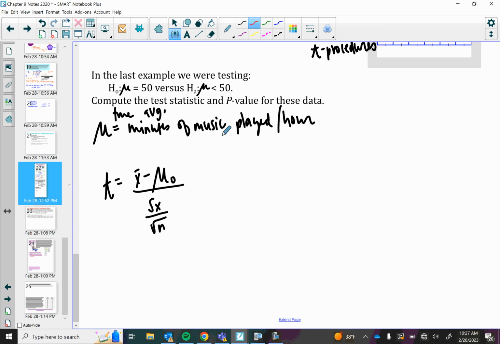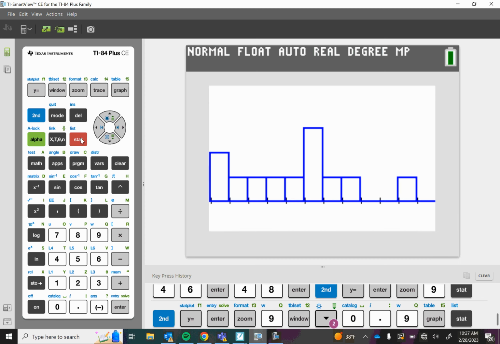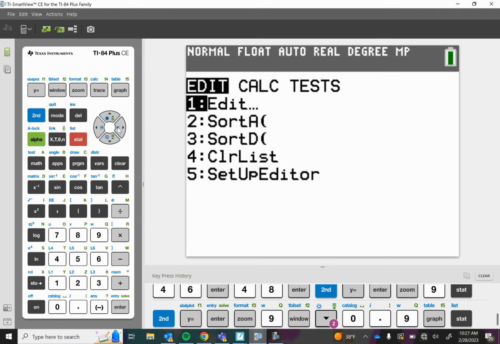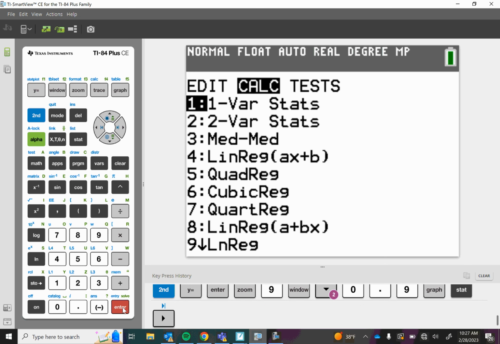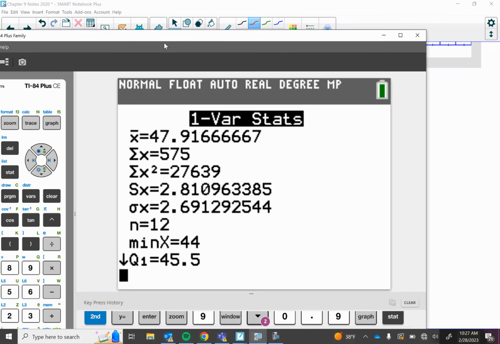Unfortunately, I don't know my x bar and s of x. In this example, they do not give it to us, but because we just entered our data into our calculator, we're able to get this pretty easily by going to stat, calculate our one variable statistics of list 1.